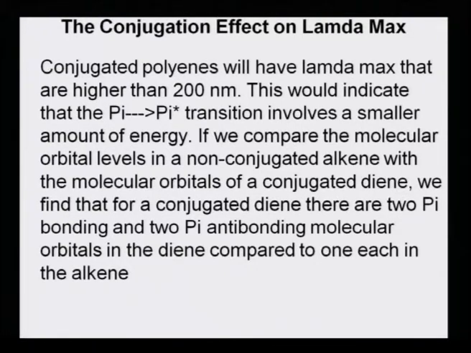Now, what if there are conjugations, that means double bond, single bond, double bond, single bond? If one compares the scenario of these transitions, pi to pi star transition has to take place, but now it will happen more times in conjugated polyenes, as compared to just one time in the case of ethene.